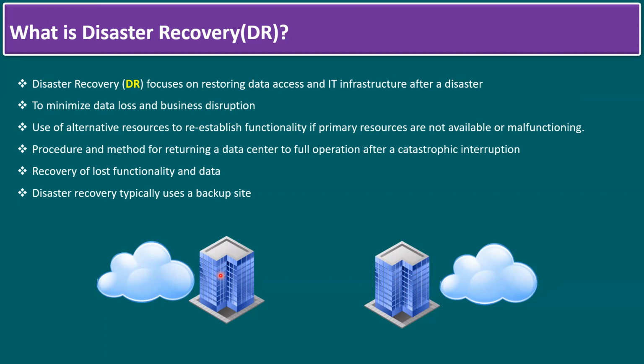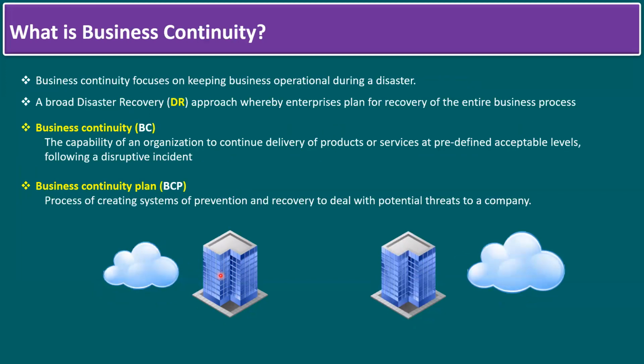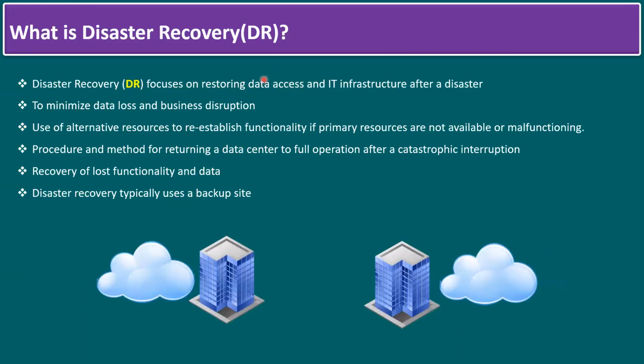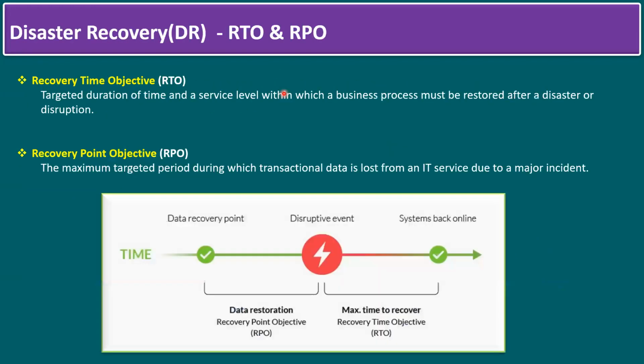So hope you understand the differences between business continuity and disaster recovery. The key point is business continuity focuses on key business operations, and disaster recovery focuses on restoring data access and IT infrastructure. Another key point, disaster recovery has two key items, RTO, recovery time objective, and RPO, recovery point objective.